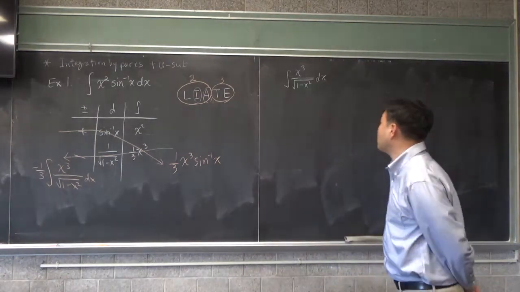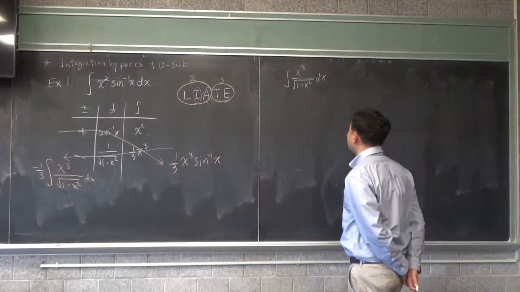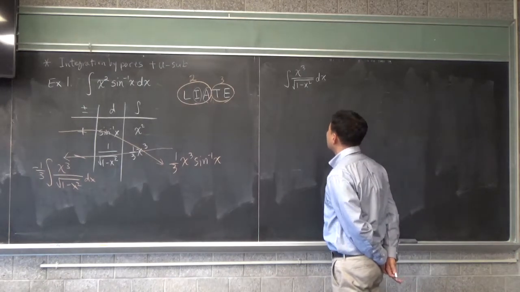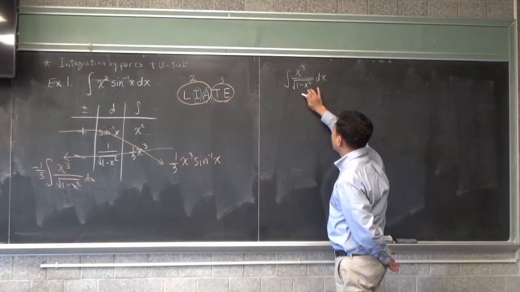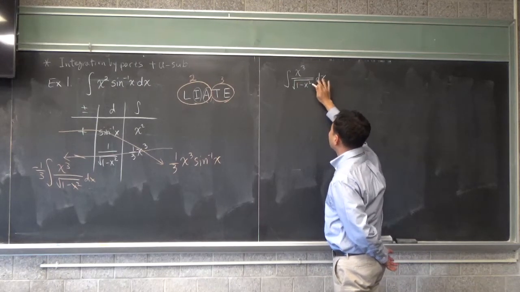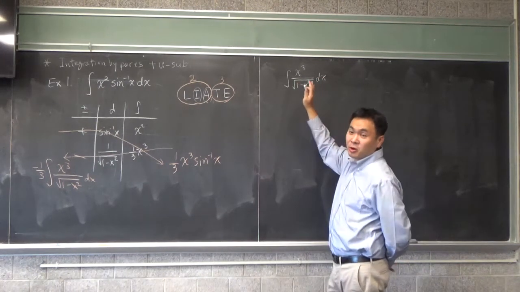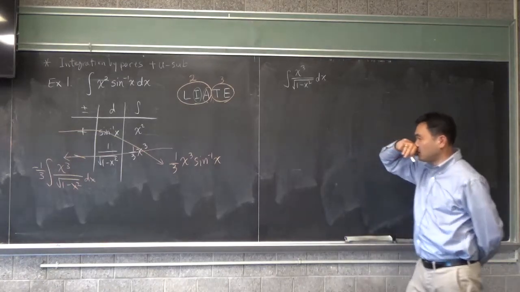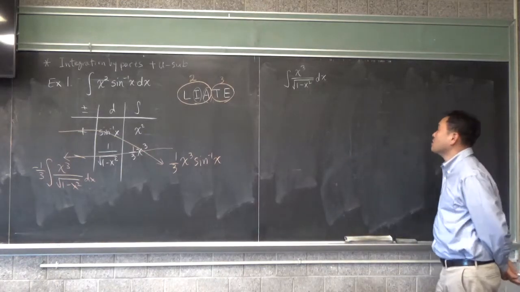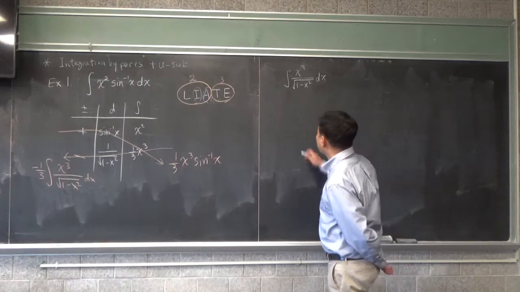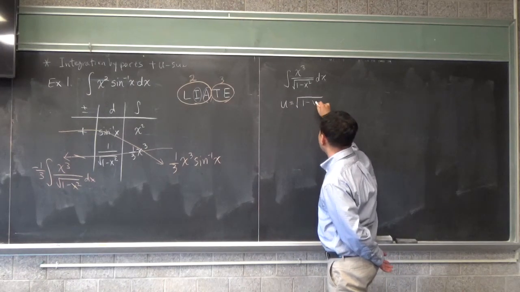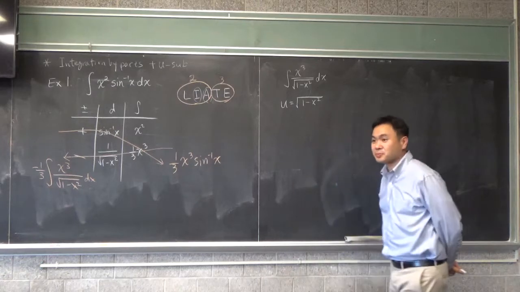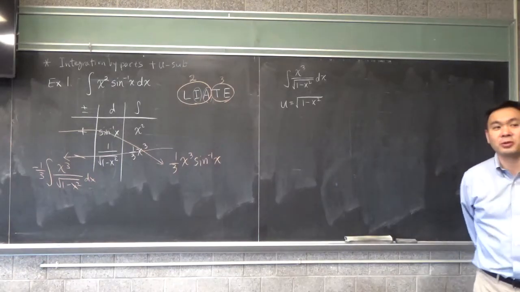And you have several options, actually. You can choose 1 minus x squared to be u, or you can use square root of 1 minus x squared to be u as well. And there may be some others. But the one I like is setting the entire square root to be u. So let's try this one.